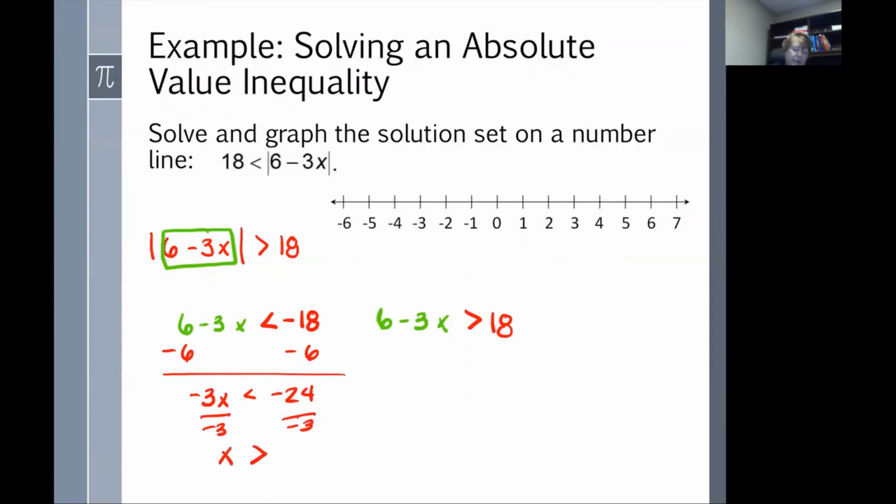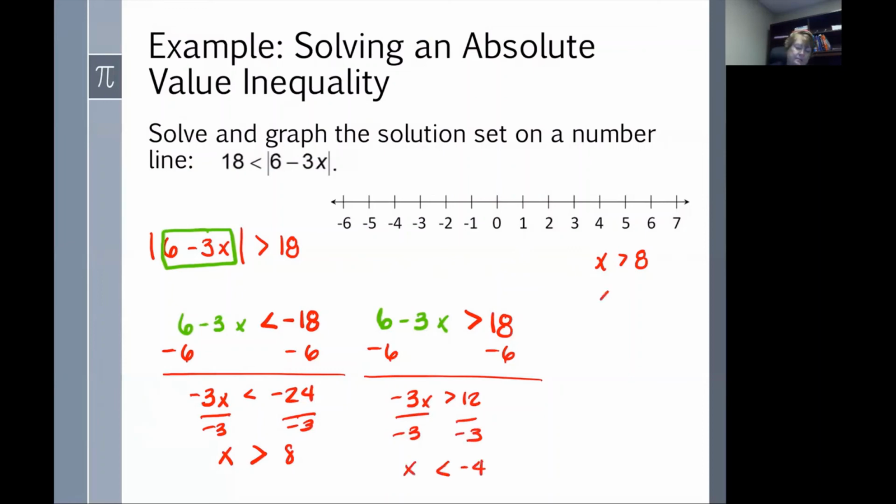So I get x is greater than 8. Let's write that over here. Now I'm going to solve the other one. I'm going to subtract 6. Divide by negative 3. And I note that I do need to reverse that inequality symbol. So I get x is less than negative 4.